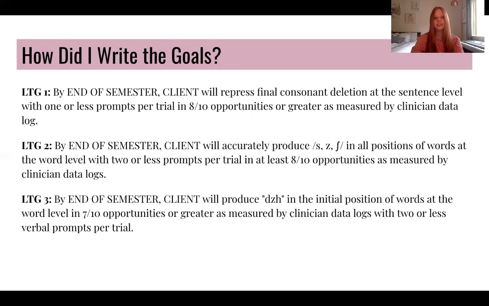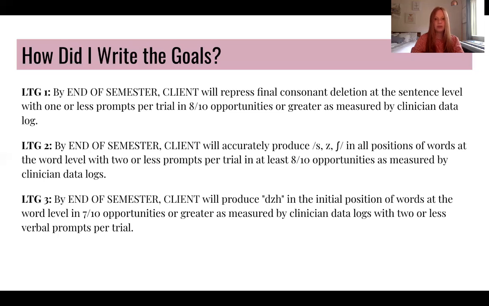Again, I would say instead of 1 or less prompts, I would say 1 or fewer prompts or no more than 1 prompt. Per trial, I think is fine. I also don't like 8 out of 10 opportunities or greater. I think I might reword that just to make it a little bit less confusing.